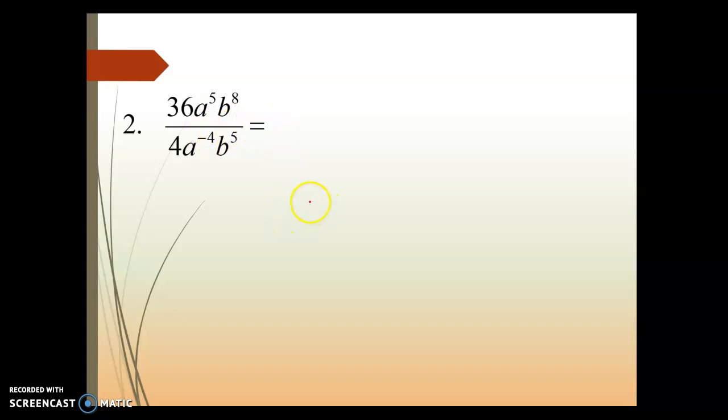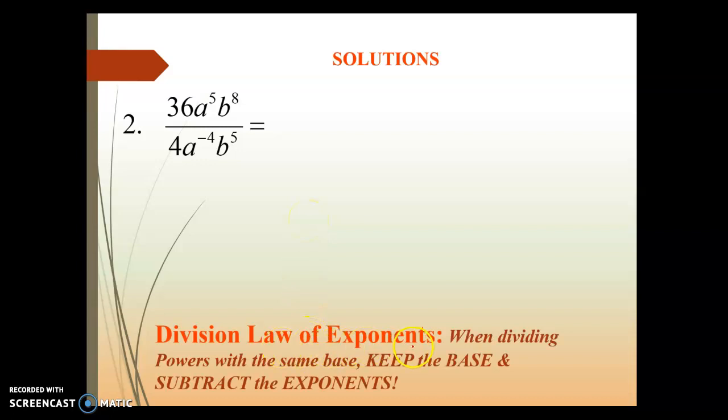Okay, correct. You may apply the division law of exponent. If you have questions regarding the sign, can you use the negative law of exponent? Of course, you may, but the division law of exponent may do the process easily, right?